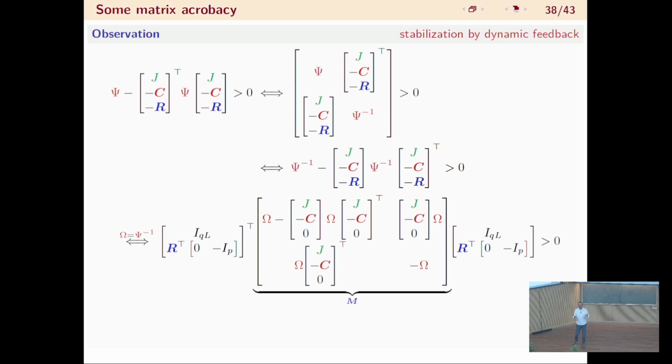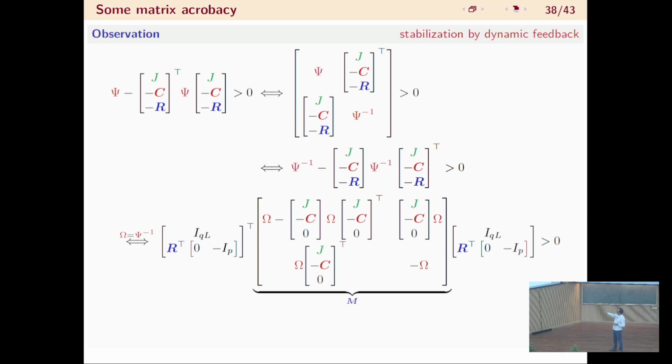I am trying to write this inequality as a QMI in terms of R this time, because R is the unknown. And I can do that indeed. So it gives me a QMI where this M matrix contains omega, C, and J. J is known.